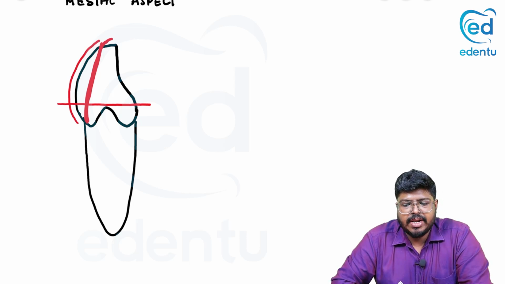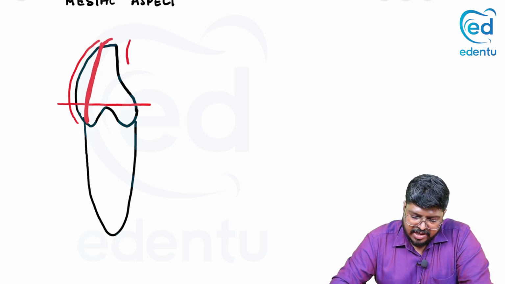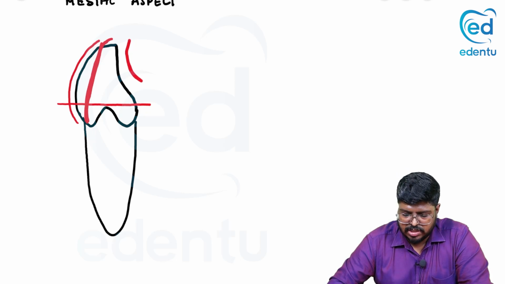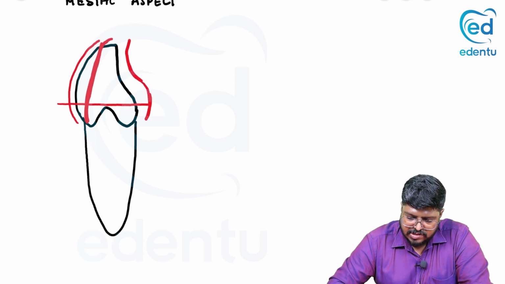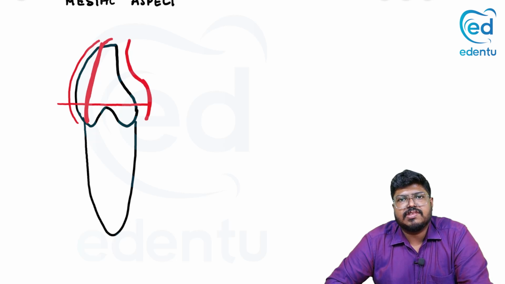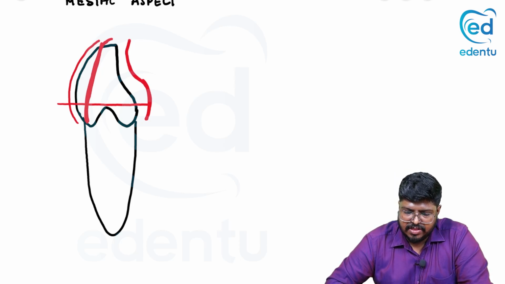Okay, the lingual outline. The lingual outline is concave on the incisal two thirds and follows a convex form as you come towards the gingival third. It comes down and becomes more convex as you approach the cemento-enamel junction at the level of the cervical third.